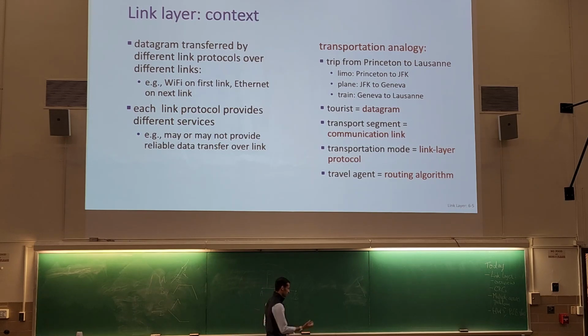You take an Uber from here to the airport, and then the next link is an air link, and after you get off there, you take maybe a subway, that's another link. Those individual transportation modes are the equivalent of the link layer. And of course, your routing algorithm is the trip plan, that's the control, that's like your travel agent. Datagrams can get dropped. I guess it doesn't make quite an analogy to imagine a tourist really getting dropped anywhere along the way, but you could say miss a flight or miss a ride or something.